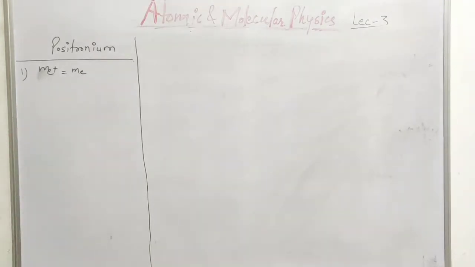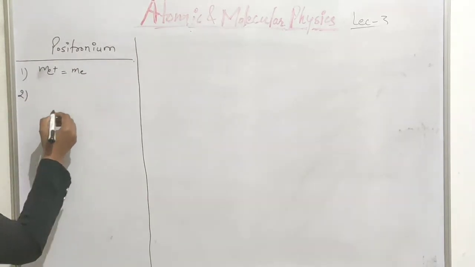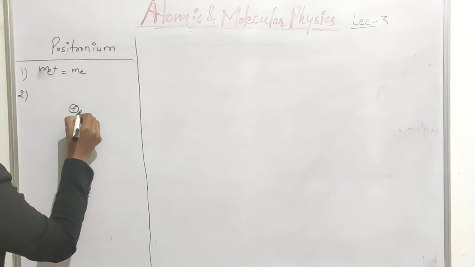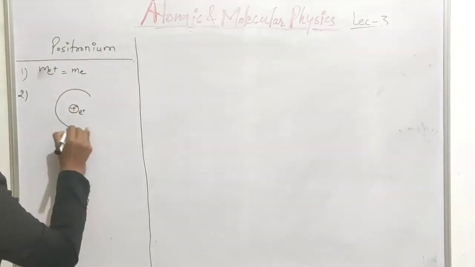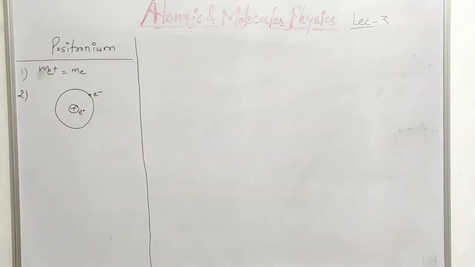So this is how these are related. Next we will make the configuration. Here is a positron, e positive, and an electron is revolving around it. So this is the configuration of a positronium system.